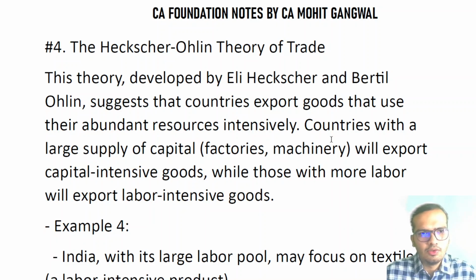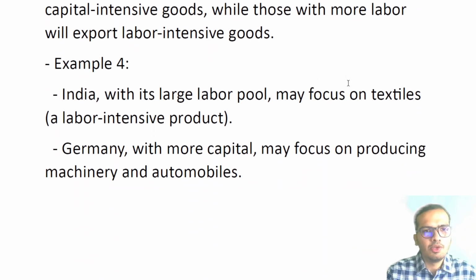So countries with a larger supply of capital, say factories or machinery, will export capital intensive goods, while those with more labor will export labor intensive goods. An example could be India, with its larger labor pool, may focus on textiles, which are a labor intensive product, while Germany, with more capital, may focus on producing machinery and automobiles.